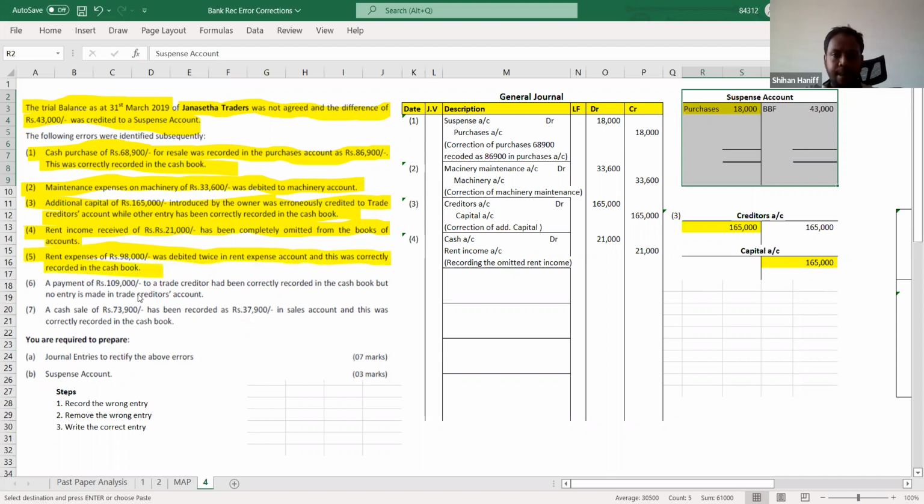So this is an error. In rent expense account, they have recorded 2 times, twice. Okay. So let's see how to correct this.